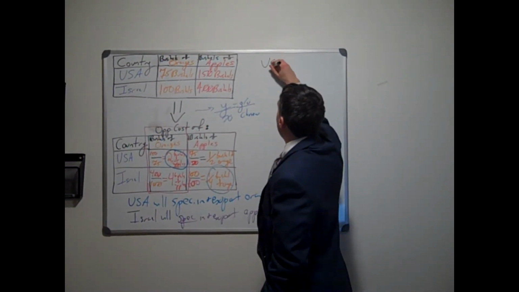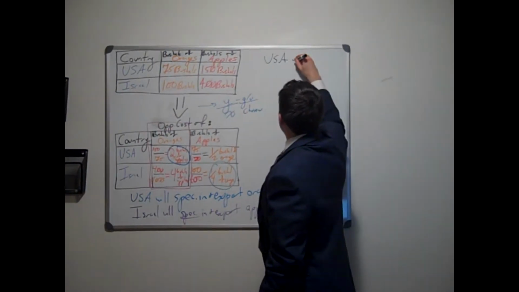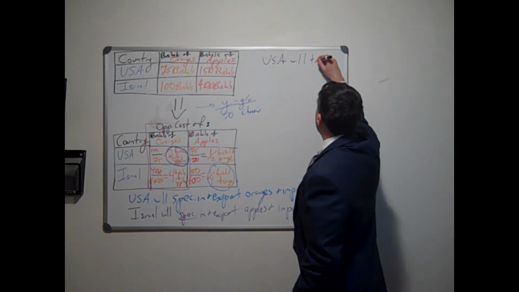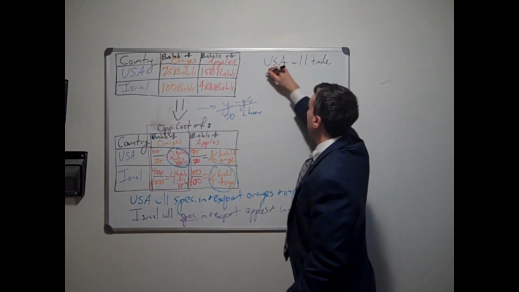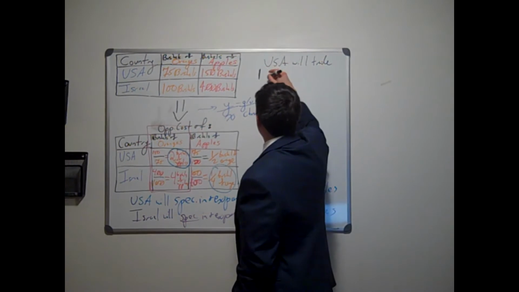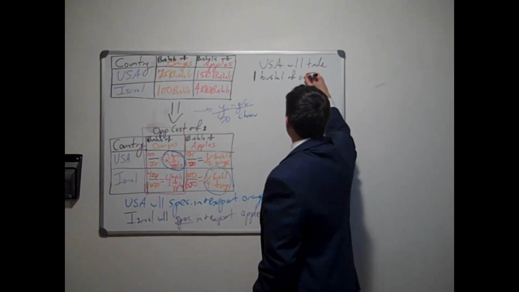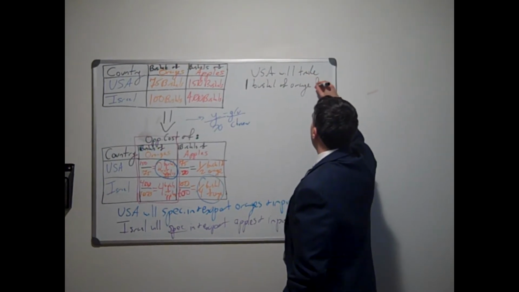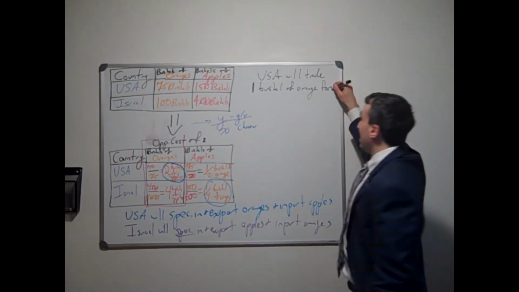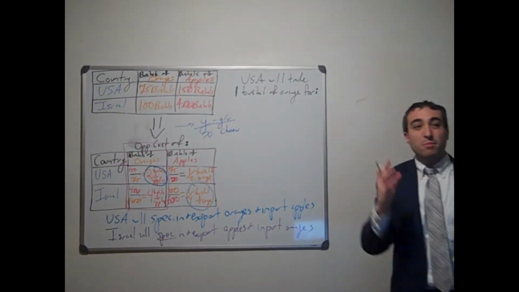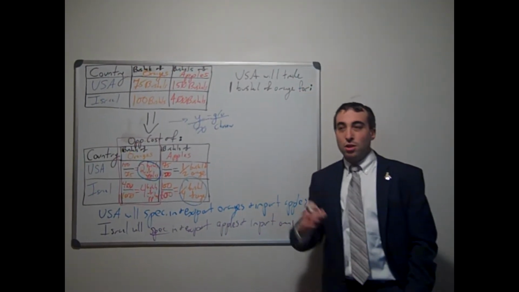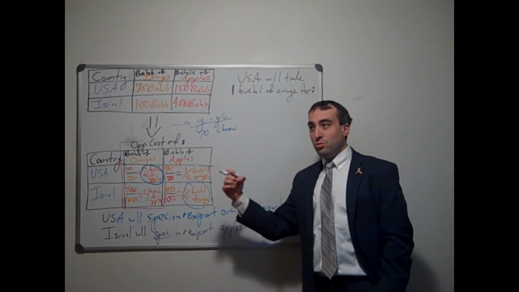So the USA will trade 1 bushel of orange for, now the question we have to ask is, what will be fair to America and what will be fair to Israel?